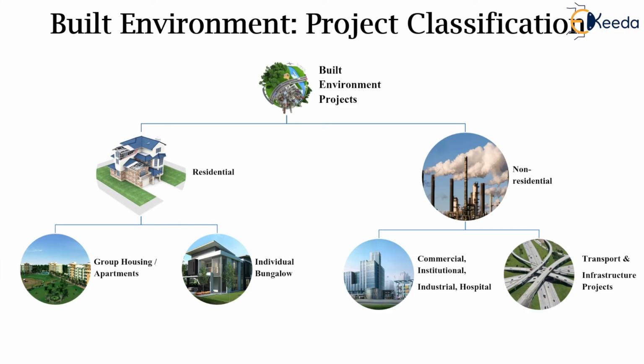Residential projects can be further divided into group housing or apartments, or individual bungalow projects, which are very common. In non-residential projects, we see commercial projects, that is, construction of malls, hotels, etc. Institutional projects like construction of universities and schools, and industrial projects which involve construction of power plants, factories, etc. Also, hospital projects.